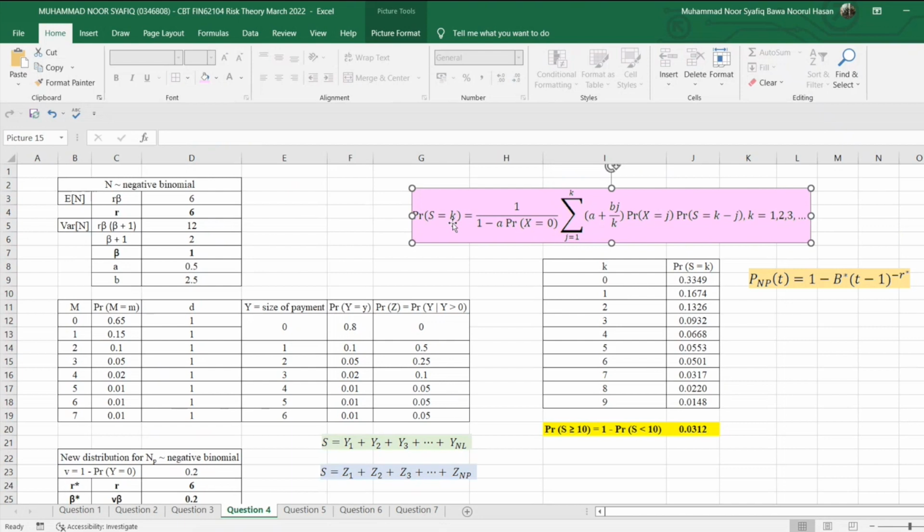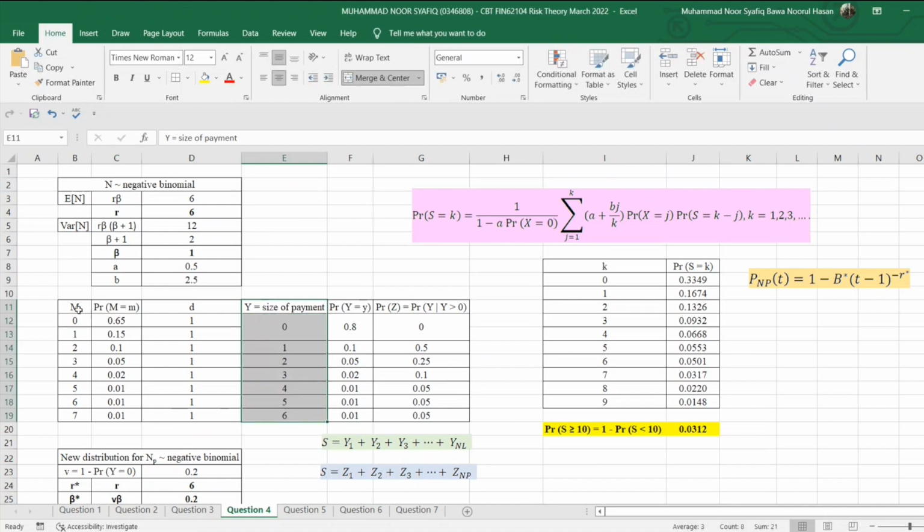So the recursive formula is as follows. Probability S equals to k is equal to 1 over 1 minus a times probability X equals to 0, and summation of j from 1 to k. And the value of j can be seen here because we have modified the value of M to the value of Y. So when we use the deductible, the M from 0 to 7 now becomes the size is only from 0 to 6.